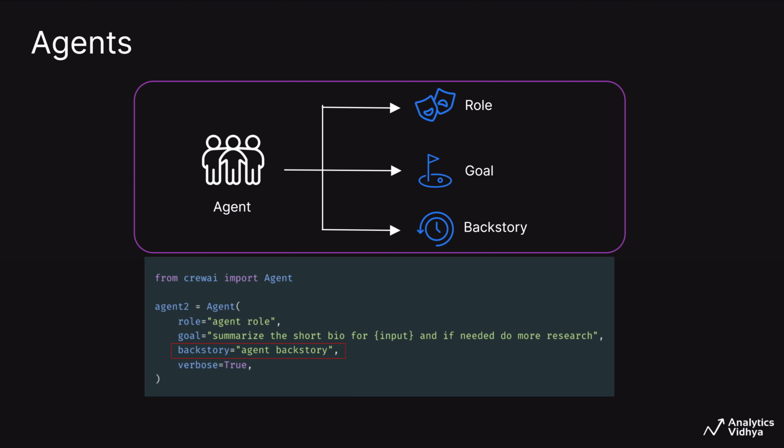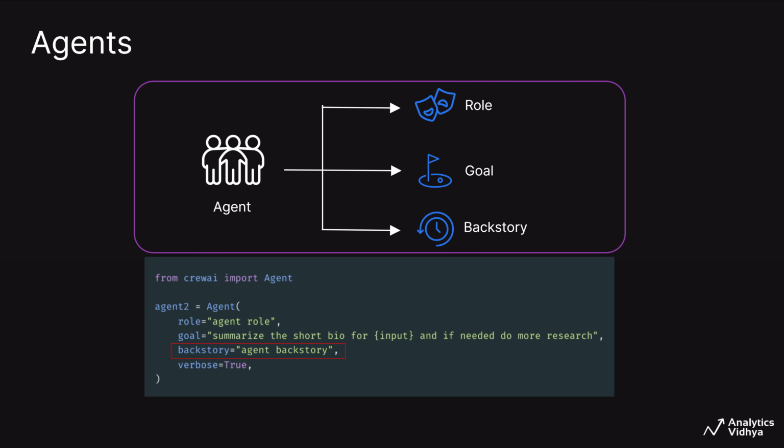The backstory is, if you're familiar with prompts, something that we always try to make sure is part of the prompt whenever we work with a classical approach. In this case, it is separated from the goal and from the task, as we will see.